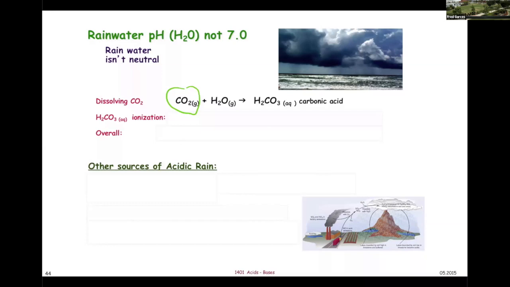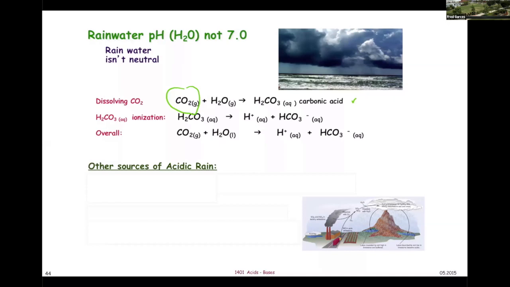When it absorbs carbon dioxide from the air, it naturally reacts with that and forms carbonic acid. So rainwater is actually acidic because part of it has carbonic acid. Carbonic acid will ionize and will give you hydronium ions.